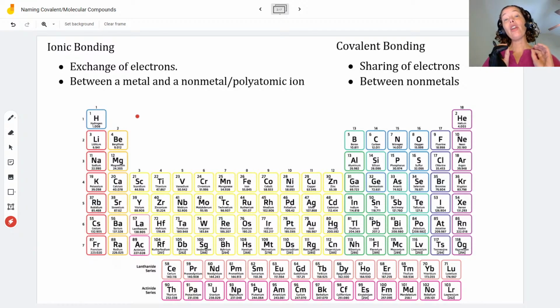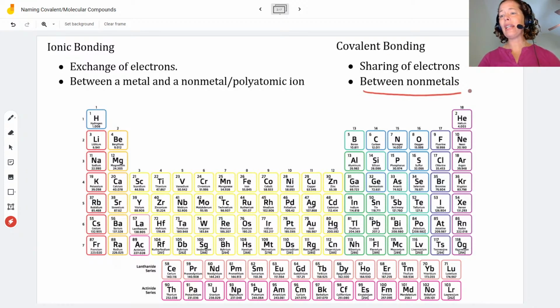Now, when you have a covalent bond, it's a completely different kind of bond. You don't have the exchange of electrons, you have sharing of electrons. So you don't form a cation and an anion because you don't have one element that wants to give up electrons and another element that wants to accept electrons. I think of covalent bonding as taking all the valence electrons, putting them in a pot, and everybody shares them.